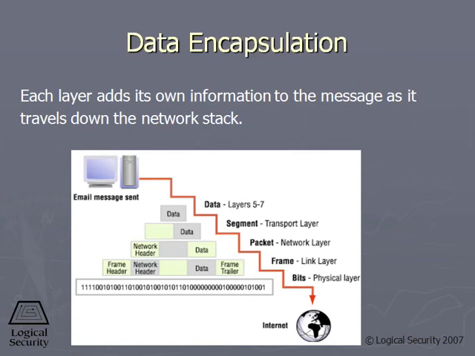Now, as the actual data goes down the network stack, it's called data encapsulation. And we will go through each one of the layers and talk about the different protocols that work there, the functionality. But what data encapsulation means is that, let's say you write an email. That's the data payload. That's the user data. And then that is going to go down to the next layer.